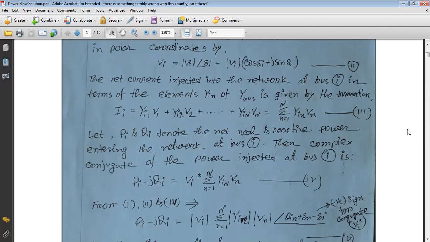Now this small n starts from 1, and capital N represents the total number of buses of the system.